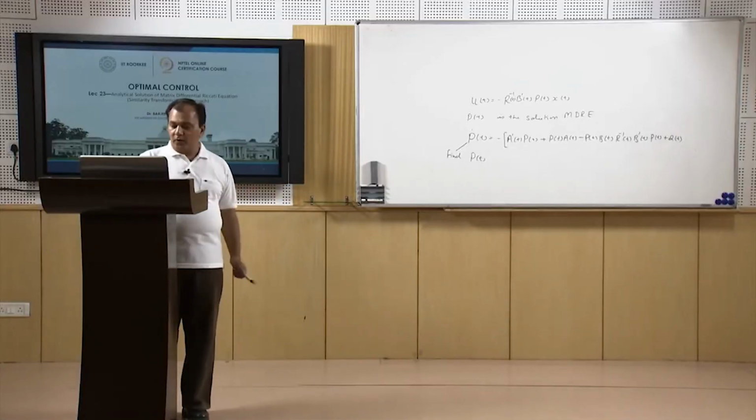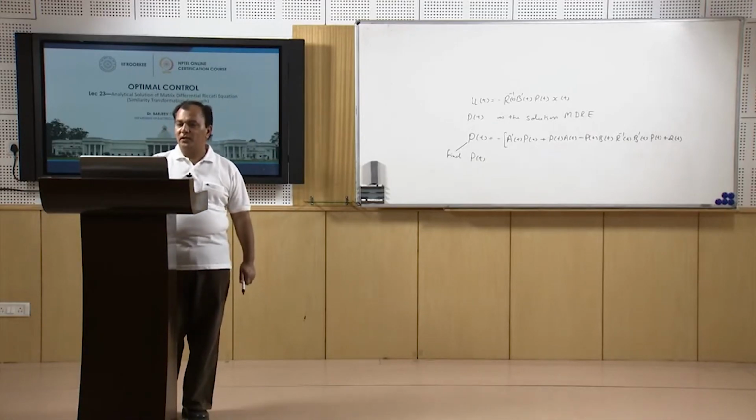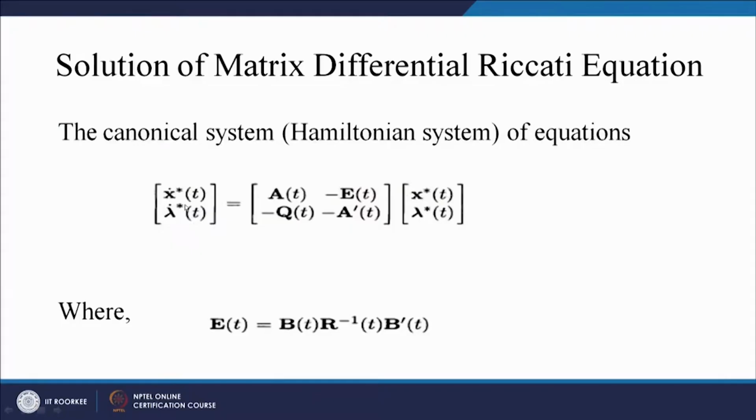In this formulation we start our solution with the Hamiltonian system given as x dot(t), lambda dot(t) equal to A, minus E, minus Q, minus A prime, times x(t), lambda(t). This is nothing but a set of first order differential equations, similar to x dot equal to Ax.